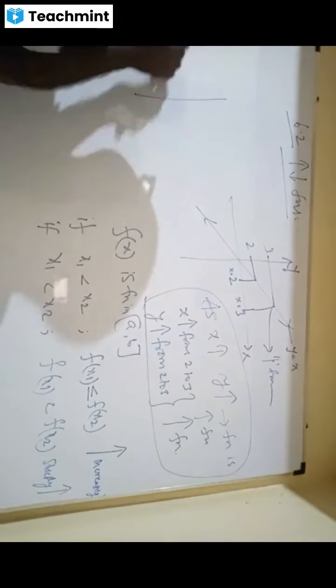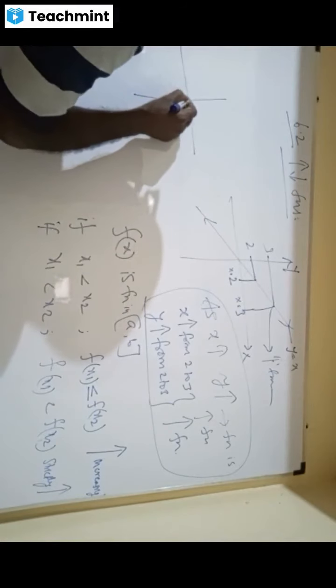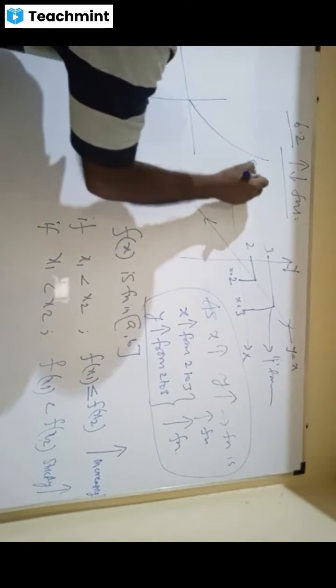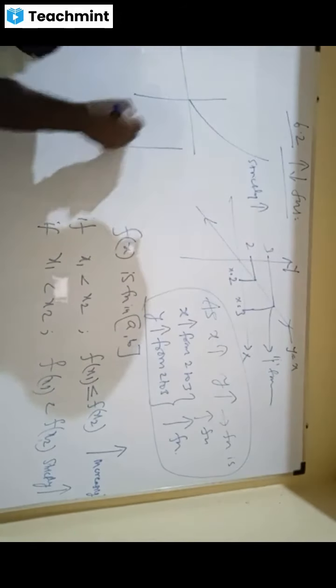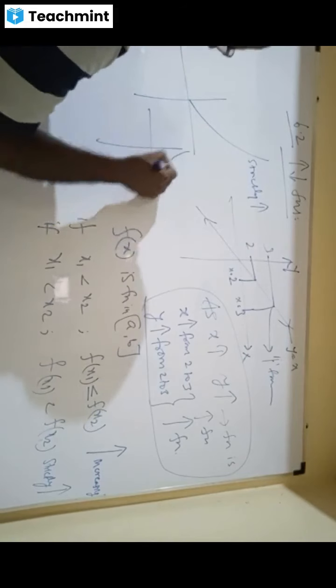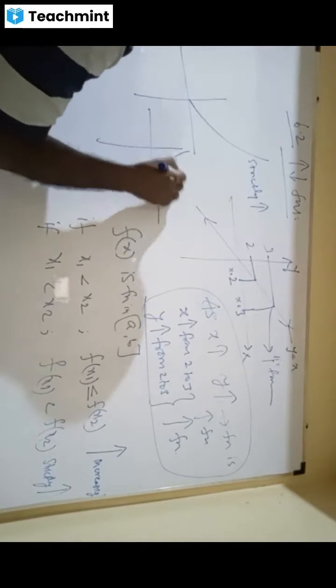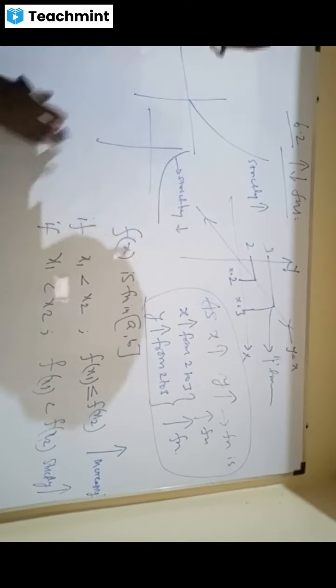Suppose I take a function like this. This is a strictly increasing function. This is called a strictly decreasing function.